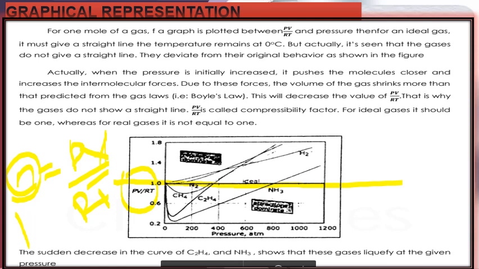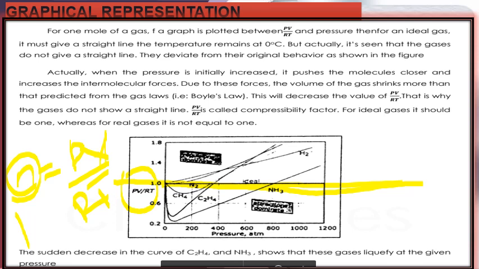This happened due to the volume of the gas particles never remained negligible as the pressure is increased. So the gases, they deviate from the ideal behavior. For an ideal gas, there should be a straight line for all the values of pressure and volume, but it is not as it is mentioned here, right?